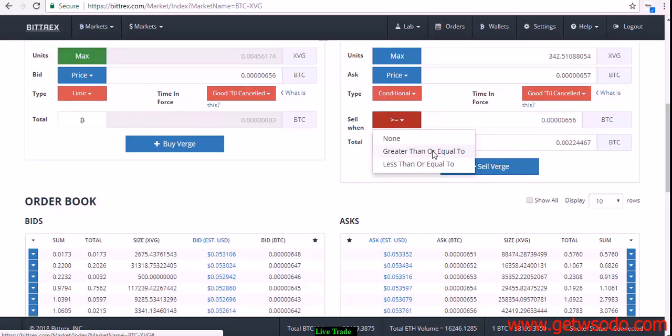Now, where you would use a less than or equal to, for example, to say I own this coin for 500 Satoshi, and I want to start selling when it reaches 1,000 Satoshi. Well, what I could do is I could put a less than or equal to 1,000. So if I put it at 1,000, it'll start selling down that coin from 1,000 down into the body of the market.